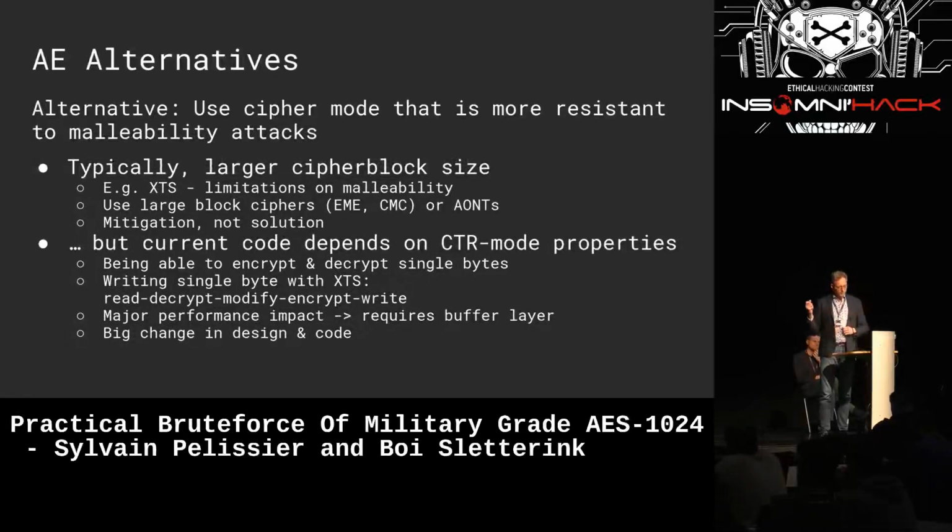And sure, you can fix this. But the most naive approach is going to be very costly if the program actually accessing the file is reading or writing single bytes. That's going to be really expensive. So you need some kind of a buffering or caching layer on top of the crypto layer. Much more effort than you were hoping for.